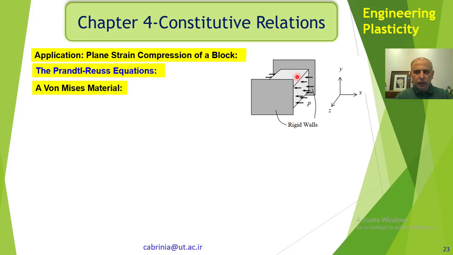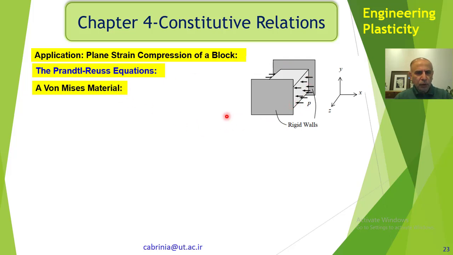Therefore, in the Y direction we have sigma Y equal to 0, and we have epsilon X and epsilon Y, sigma X and sigma Z, but we have epsilon Z equal to 0 according to this figure.